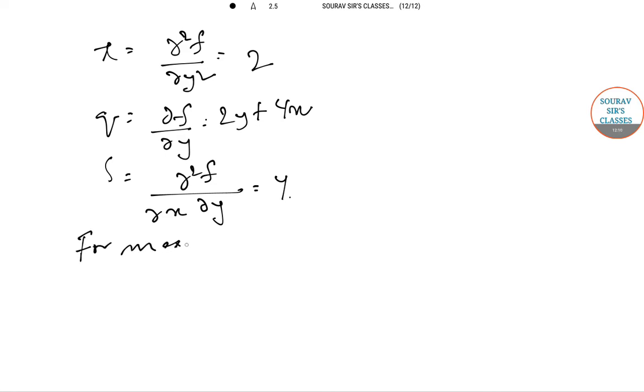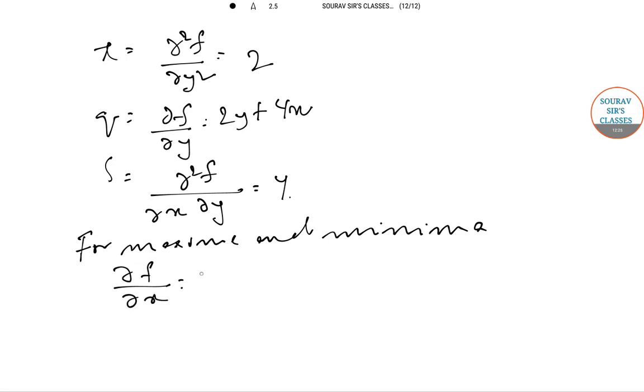For maxima and minima, del f by del x is equal to 0, and 4y plus 6x plus 3x square is equal to 0, okay?